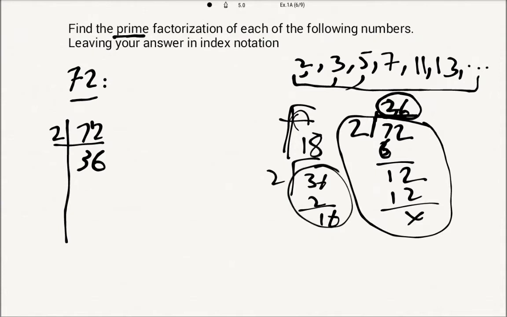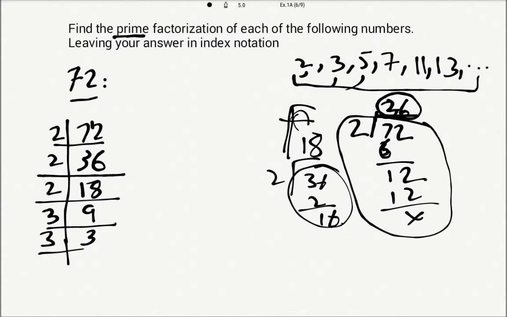So you do this in your mind. Okay, 2 1s are 2 and 2 8s are 16. So 2 9s, 3, 3.